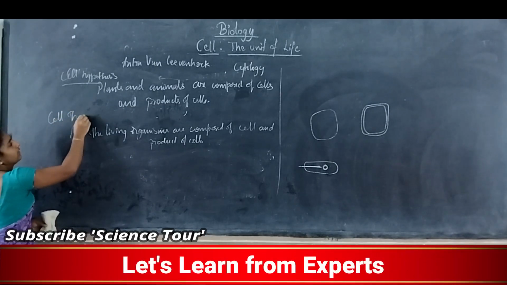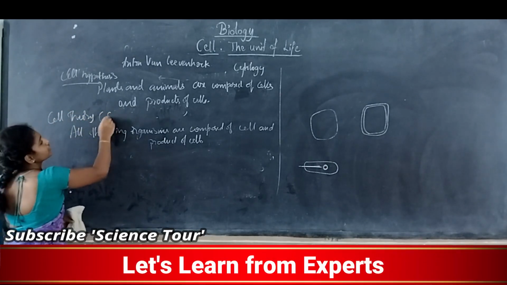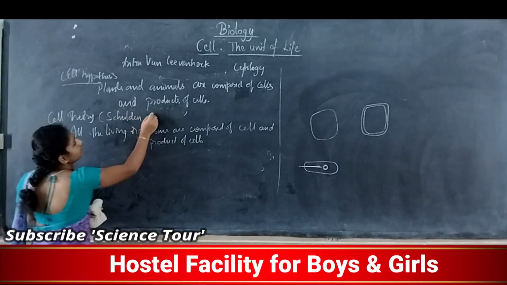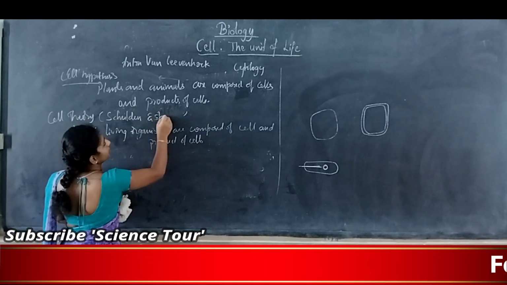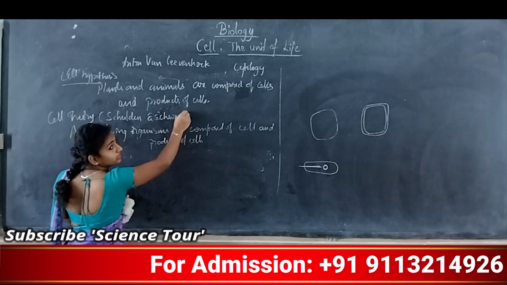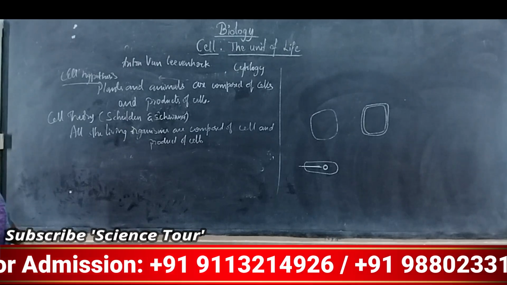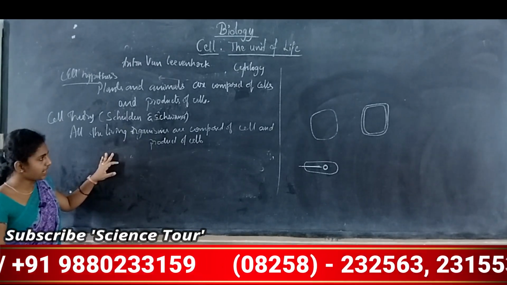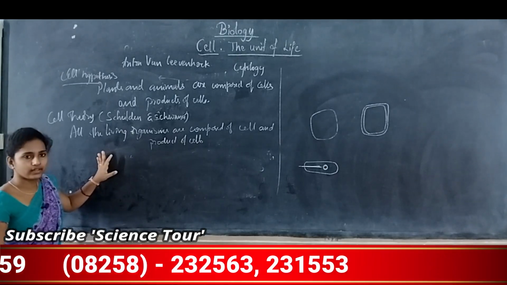This is the cell theory formulated by Schleiden and Schwann. All the living organisms are composed of cells and they are products of cells.